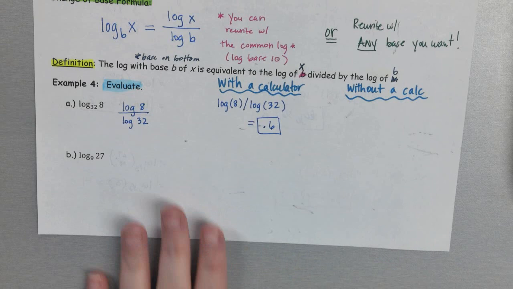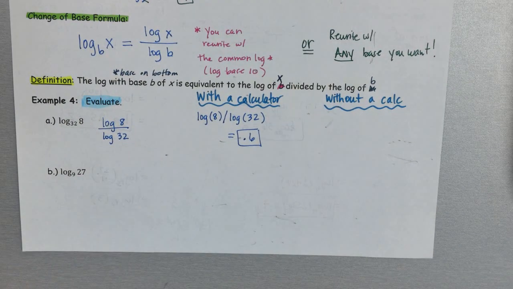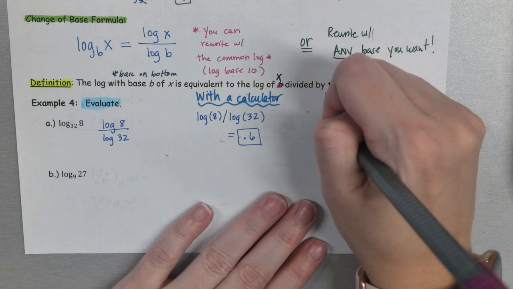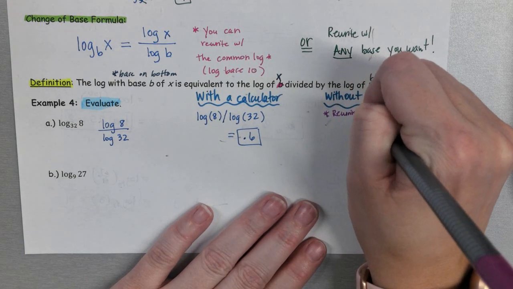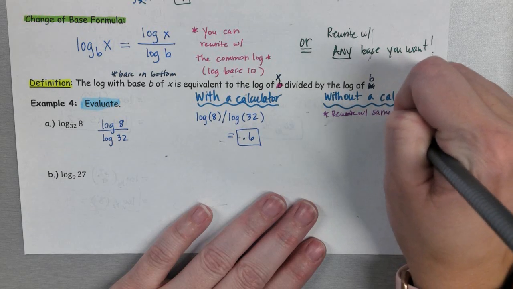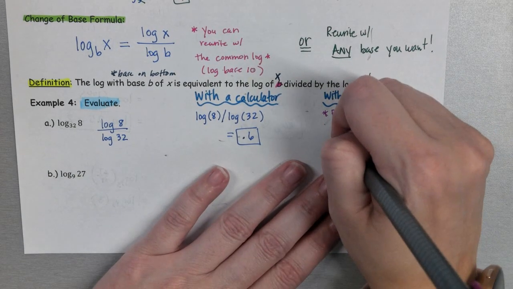Now, if you're going to do it without a calculator, you need to change the base to something that you can rewrite 8 and 32 with. Okay, so what can we rewrite those with? Yeah, so we're going to rewrite with the same base. So we can rewrite both with a base of 2. So 2 to what power would be 8?